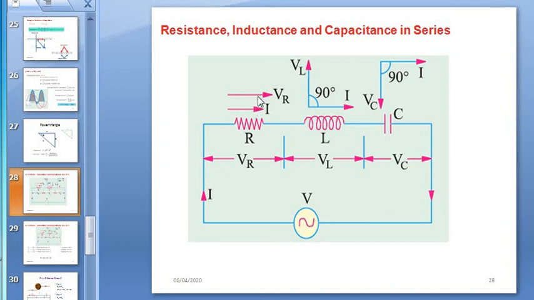Therefore, they are shown parallel to each other. For a pure inductor, the current is lagging behind the voltage by 90 degrees. For the capacitive case, the current through the capacitor leads the voltage across the capacitor by 90 degrees.